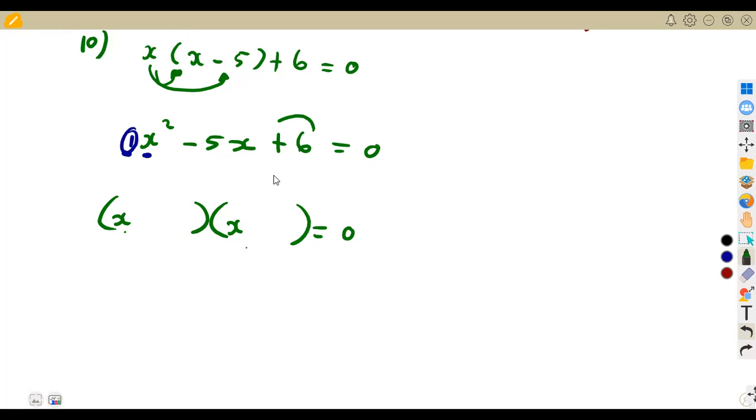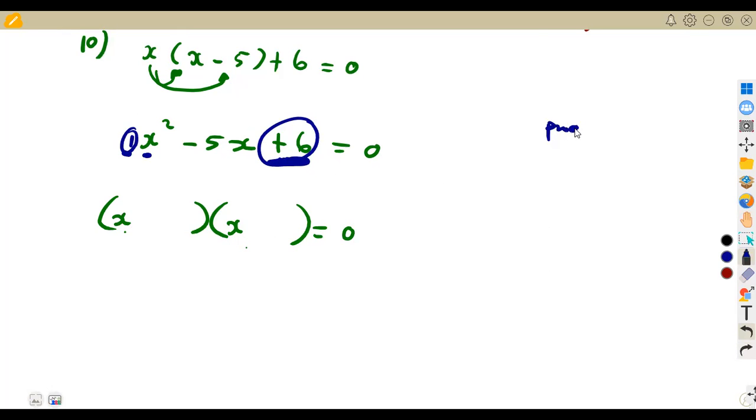Okay, then consider the factors that are products of 6. Okay, make sure we understand this, guys. We talked about this in a separate class on factorization of these trinomials. So make sure that you watch the video, guys. But here you need the products, which are the factors of positive 6.